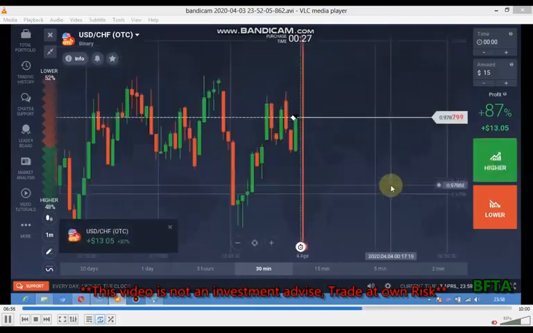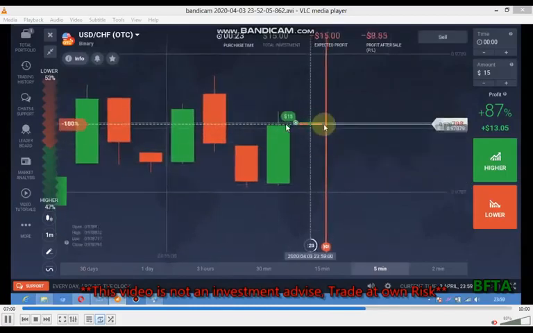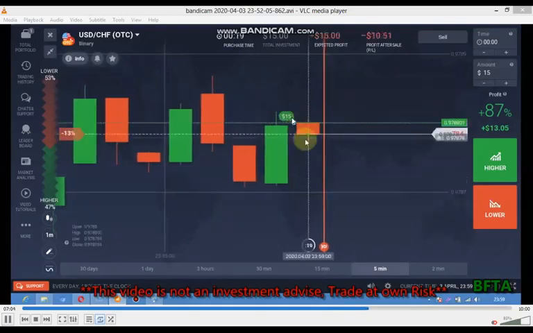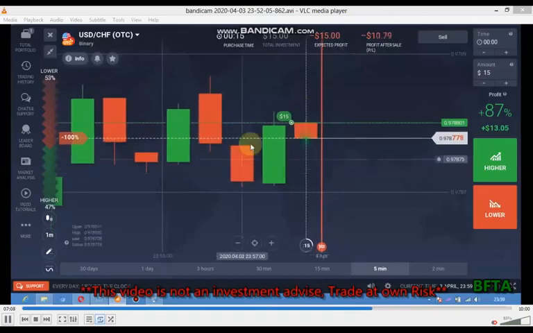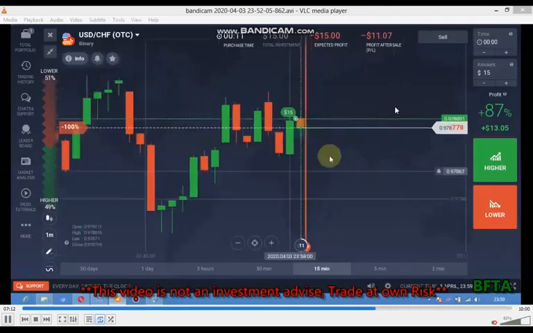So immediately I noticed that this bullish candle closed here instead of here. I just placed a call option, telling you that this is the next level of reversal.